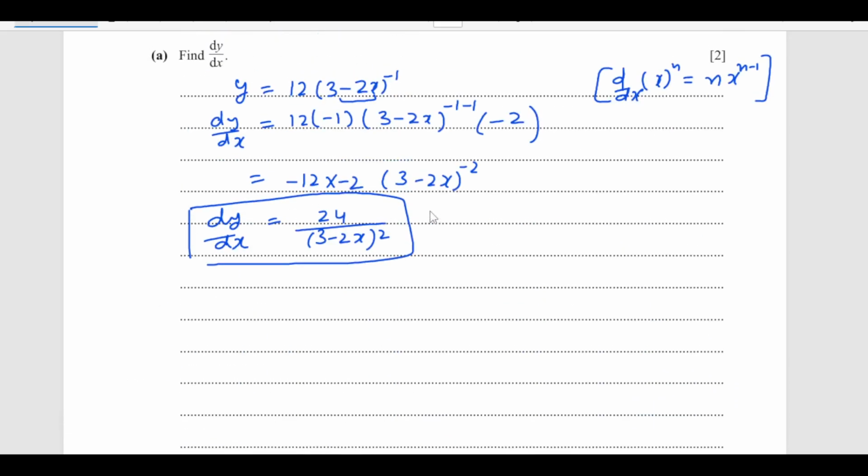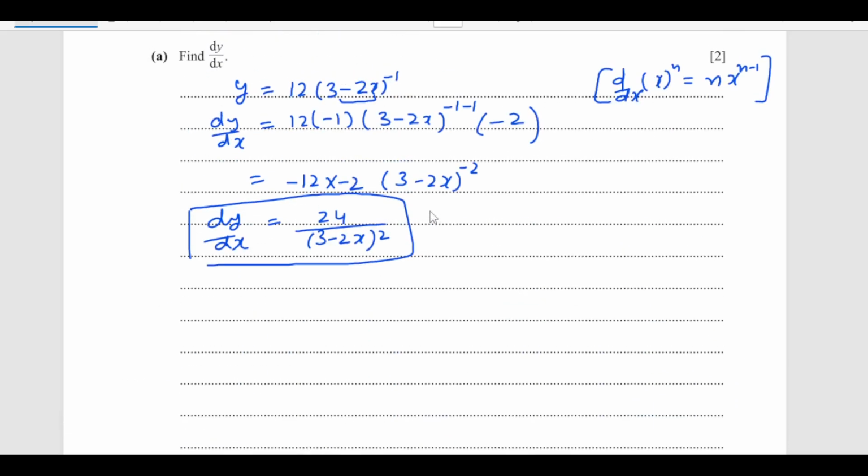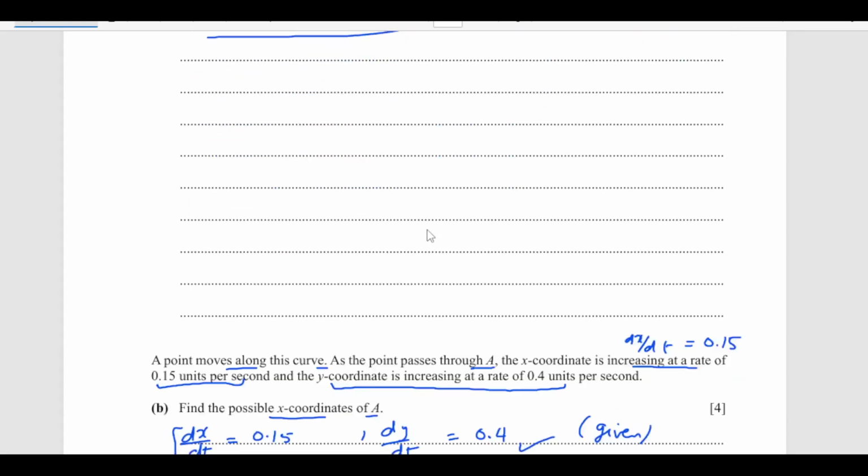So, now if you see here, we have dy over dx from part 1, which is 24 over (3 minus 2x) squared, and this is equal to 8 over 3. So, now we will use this equation and cross multiply.